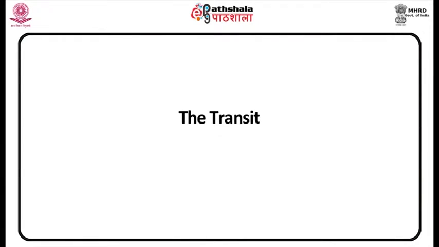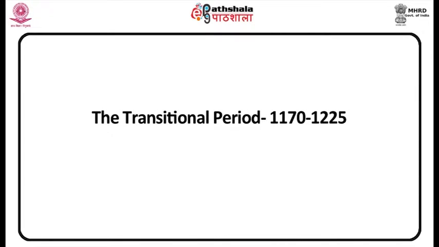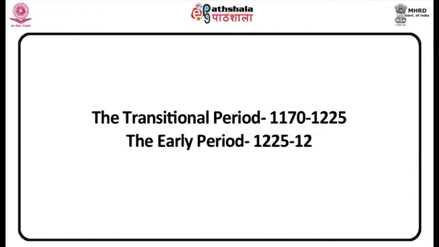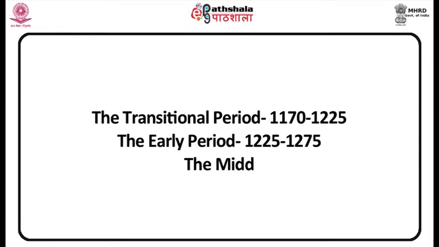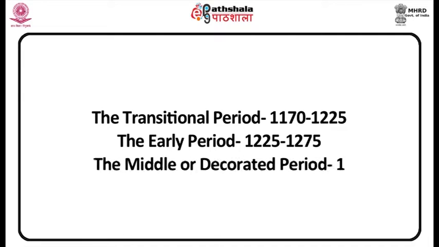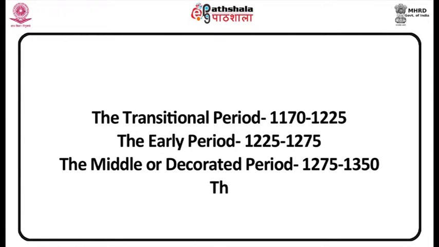Chronologically, the periods may be broadly stated as follows. The transitional period, 1170 to 1225; the early period, 1225 to 1275; the middle and the decorated period, 1275 to 1350; the florid, 1350 to 1530.